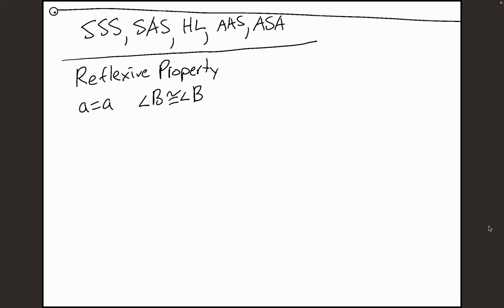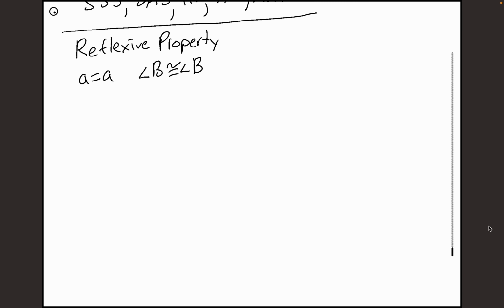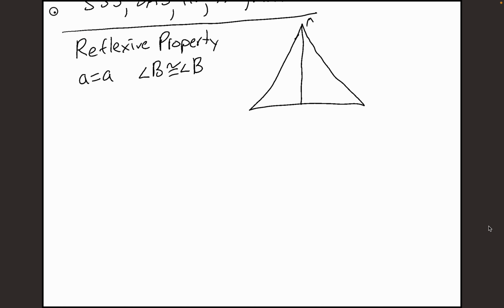All right? Let me show an example of what that would look like in a problem. So let's go ahead and say we are given this triangle right here. This is A, B, C, and D. Now, let's say these are marked, and these are marked.